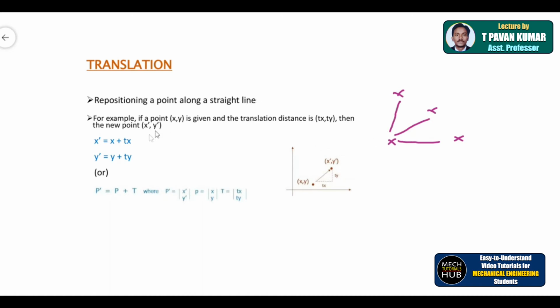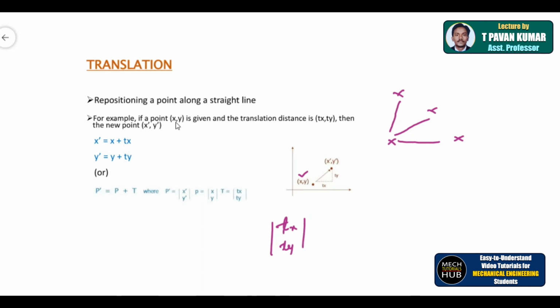For example, the first example I have given, you could see here. If a point xy is given and the translation distance is tx ty, okay, if the translation matrix is tx ty, let us consider this as the matrix, meaning values will be given to you, then the new point is going to be x prime y prime.